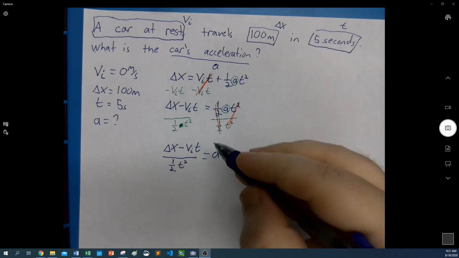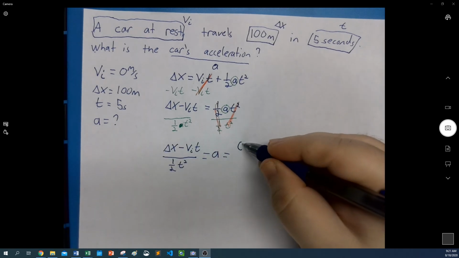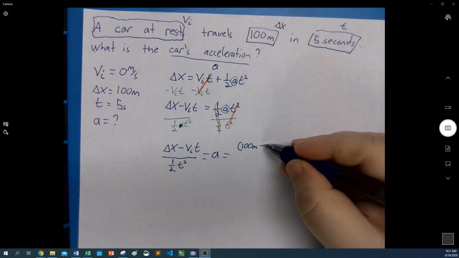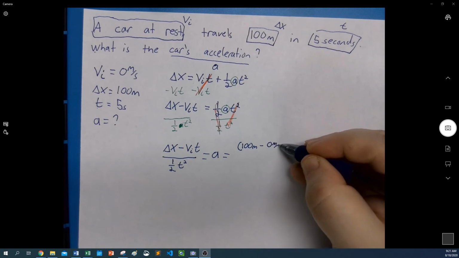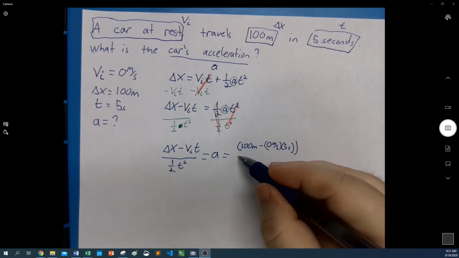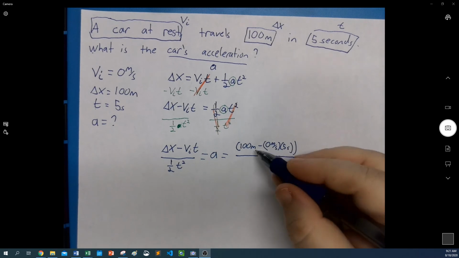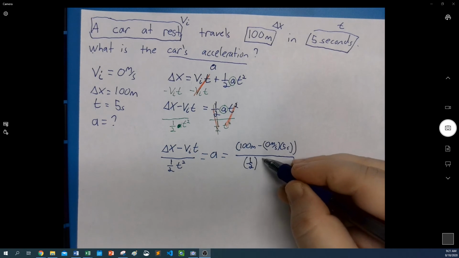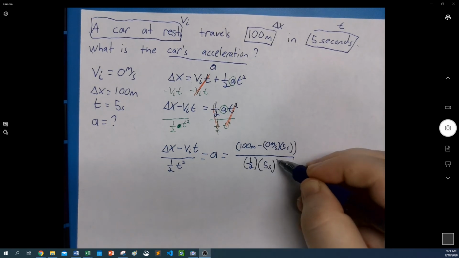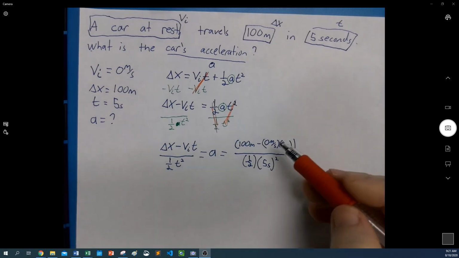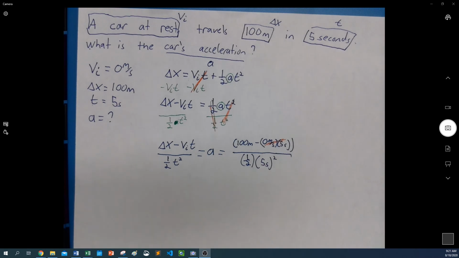A is equal to delta X. Delta X is 100 meters, minus 0 meters per second times time, which is 5 seconds, divided by 1/2 times T squared, so 5 seconds squared. 0 times 5 cancels each other out.